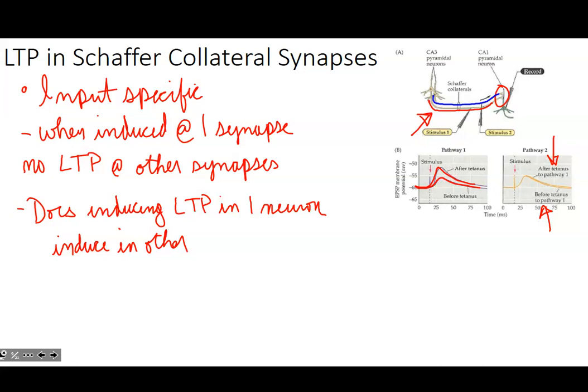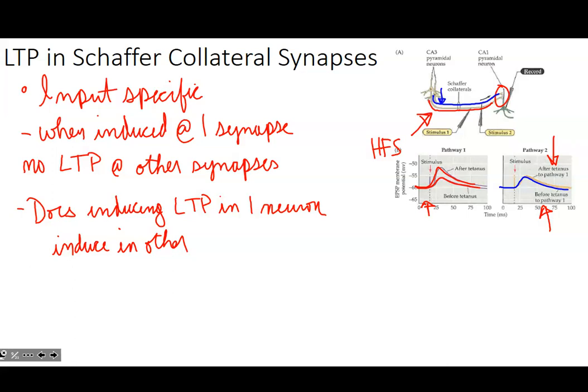So before they've done anything to pathway 1, they get this response, and then they tetanize pathway 1. So here's the high frequency stimulation. And we know what this does the next time they stimulate this pathway. They see LTP. Here's the stimulus. But does this change what's going on in pathway 2?